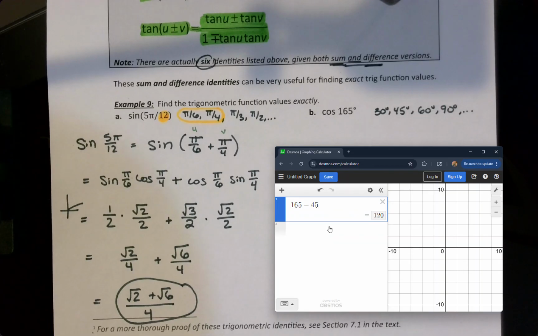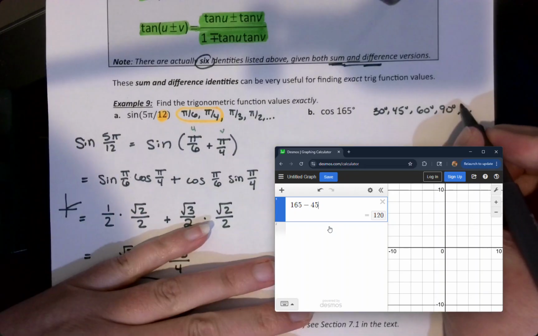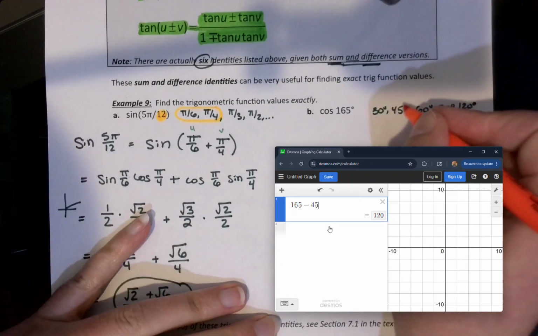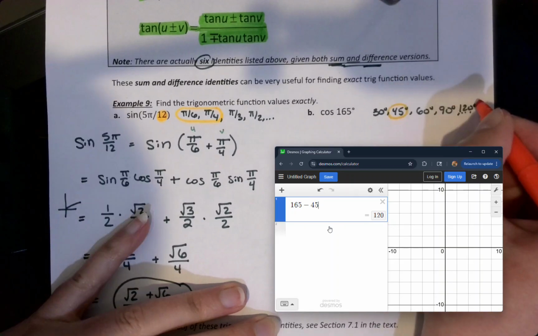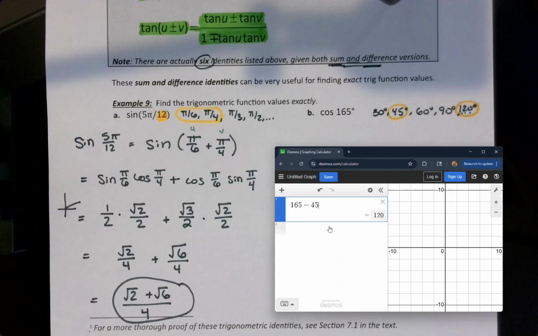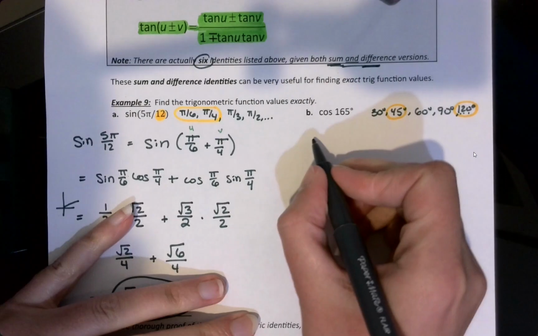So cosine of 165 degrees equals cosine of 45 degrees plus 120 degrees. So for cosine, the sum, again, u is going to be 45 here, v is going to be the 120.